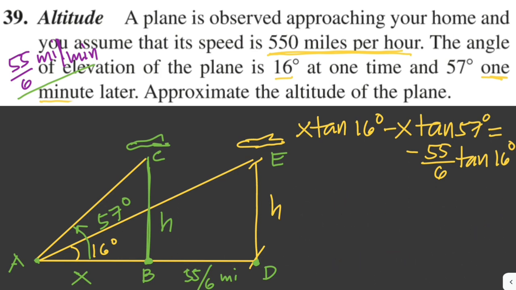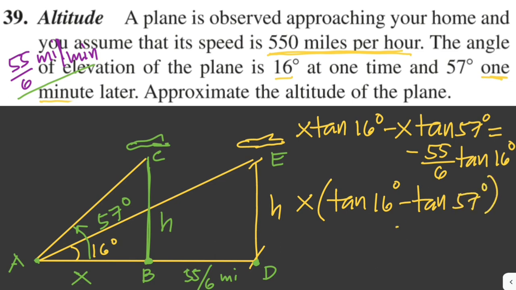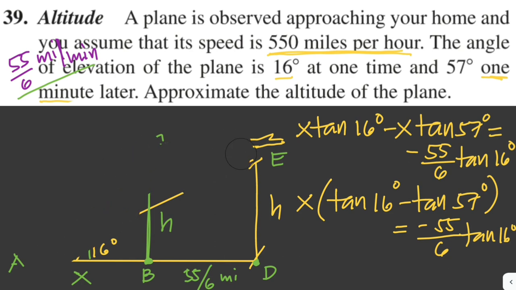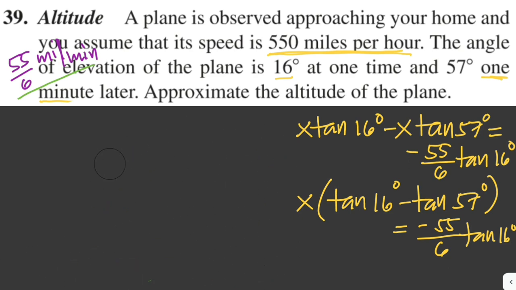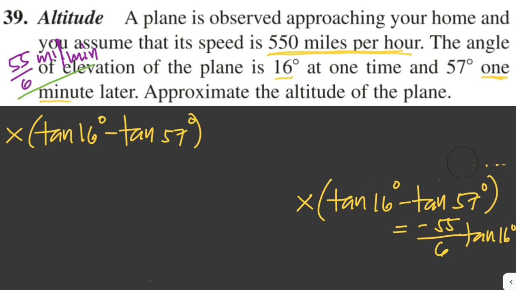Okay. And then we factor out x, so we have x times tangent 16 degrees minus tangent 57 degrees equals negative 55 over 6 tangent 16 degrees.